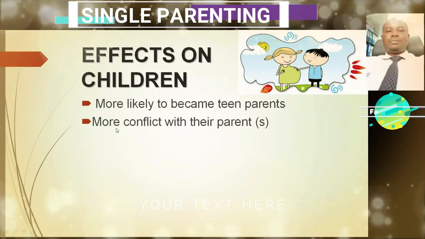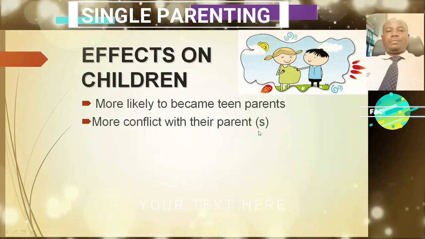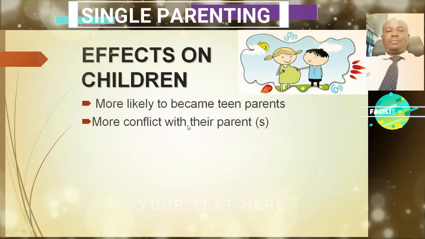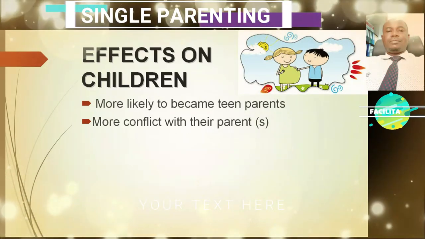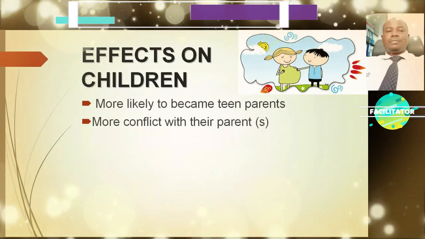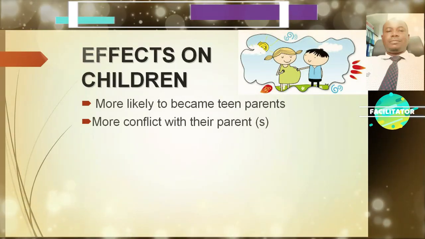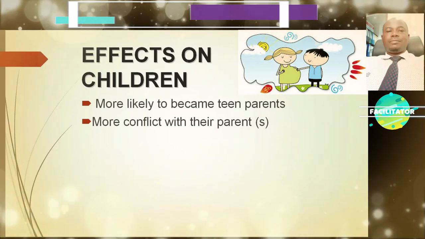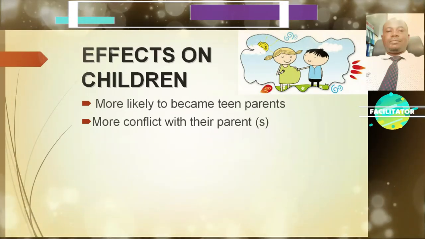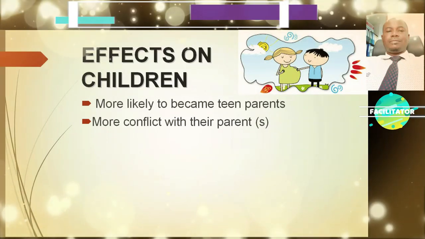Now, more conflict with their parents, yes. Because one of the parents is missing in action, it's likely that there will be conflict with the parents. Sometimes fighting with the parent because certain issues are not so clear to them. They ask themselves questions.